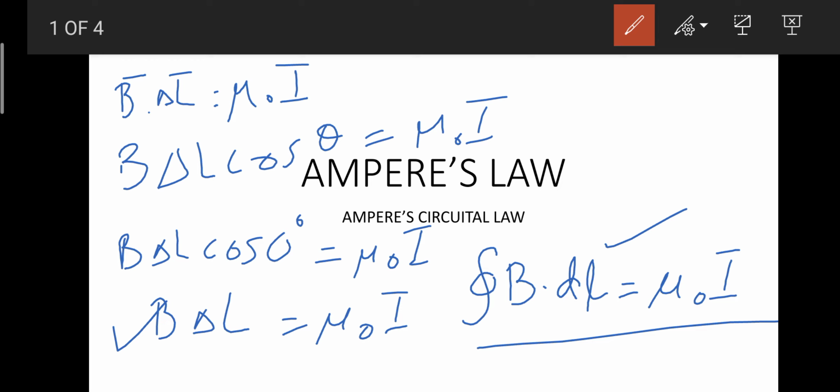And last but not the least, I have discussed earlier that Ampere's law can be related to Gauss's law. Gauss's law was an application to determine E at any point in the electrostatic field, and Ampere's law is a law through which we can determine B at any particular point in that field. So that's all for today's article.